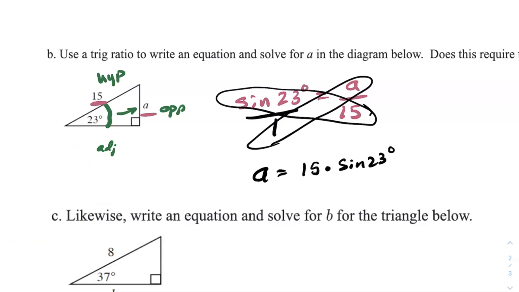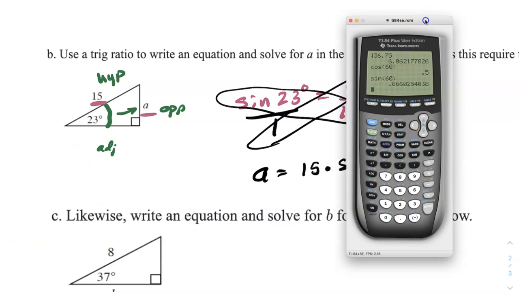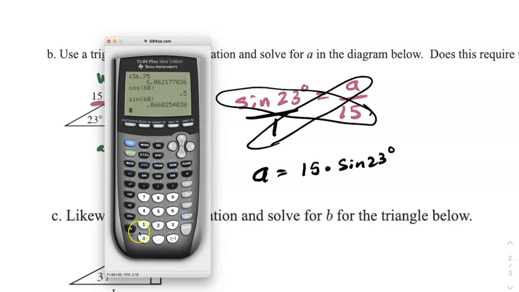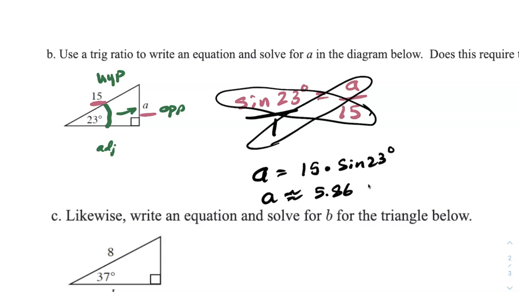Let's put that into our calculator. So 15 times sine of 23, we get A equals about 5.86. Anytime I round, I don't put straight equal signs, I put little approximation lines, little curly ones. So that's what A is.